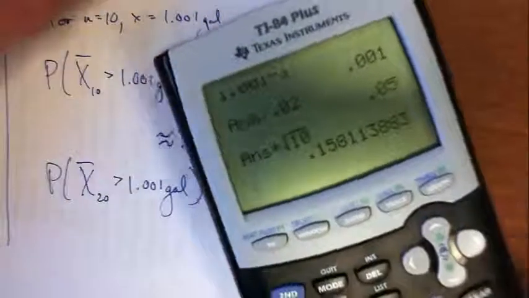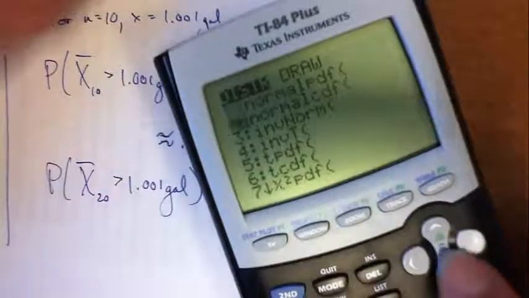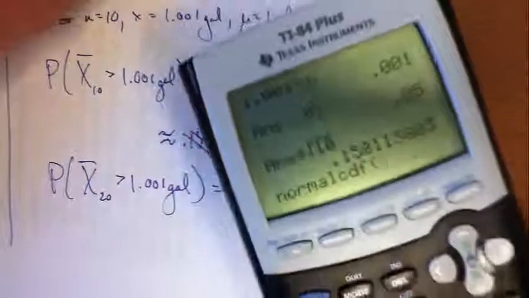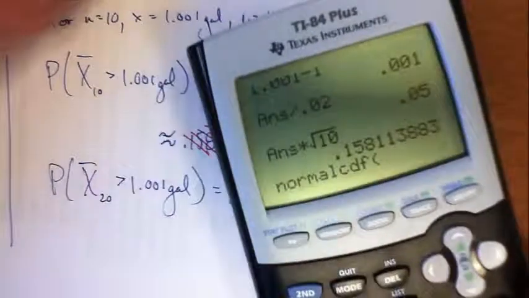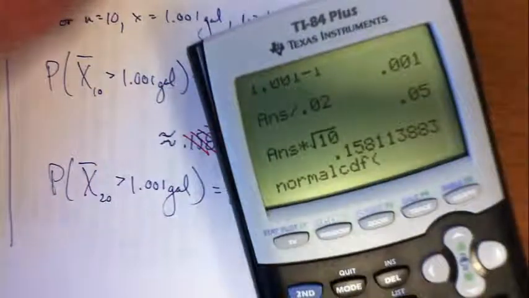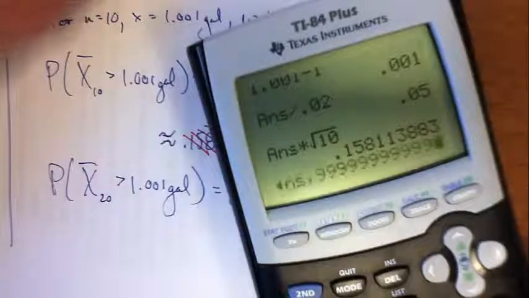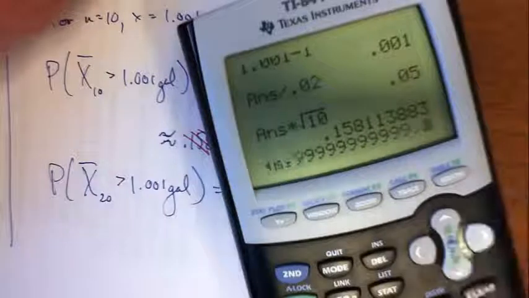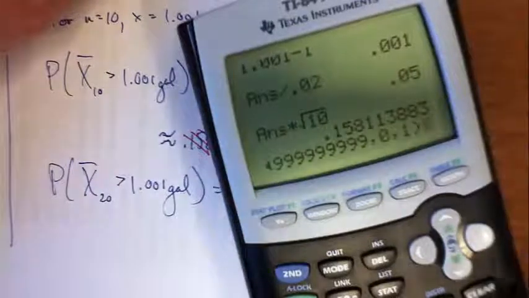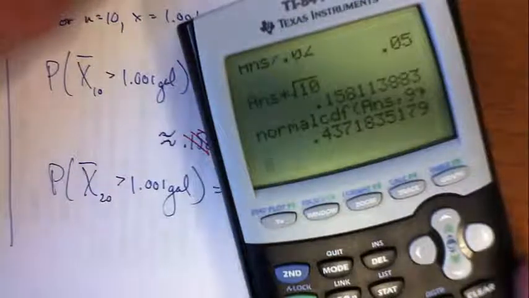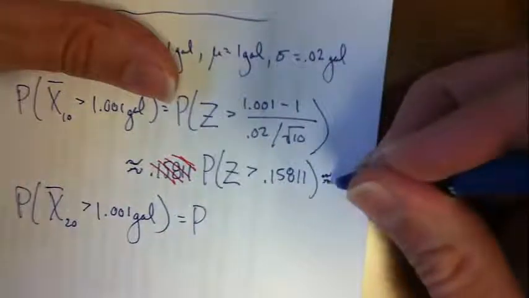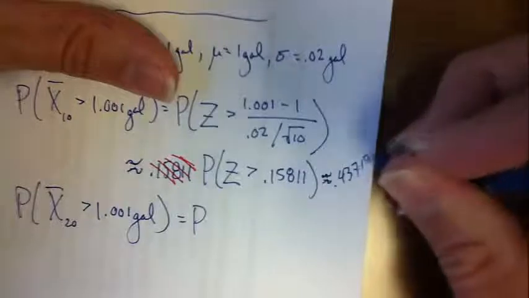Got to be really careful about that. Okay, normal CDF, right? I'll just start from that answer there and go off to the right some amount, and it's a standard normal, so it's 0.43718 approximately. Good.